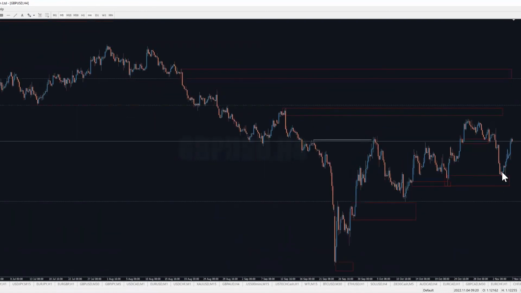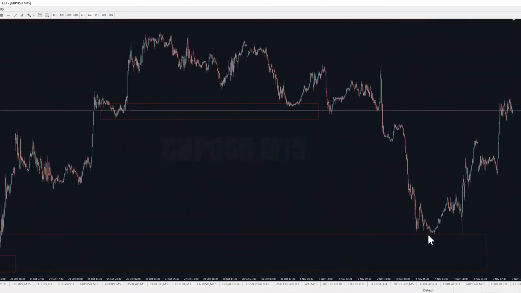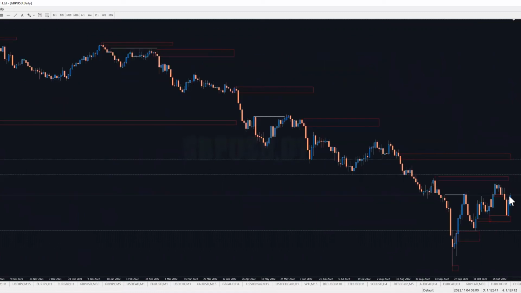And if you manage to actually enter close to this higher time frame level, for example a 4 hour or a daily level, on the 5 or 15 minutes, it's not going to be just the winning ratio that increases. For sure, the trades that you're going to have in terms of risk reward are going to be much bigger, because usually price is going to react from a daily level to a daily level, right? So kind of from a daily demand to a daily supply.